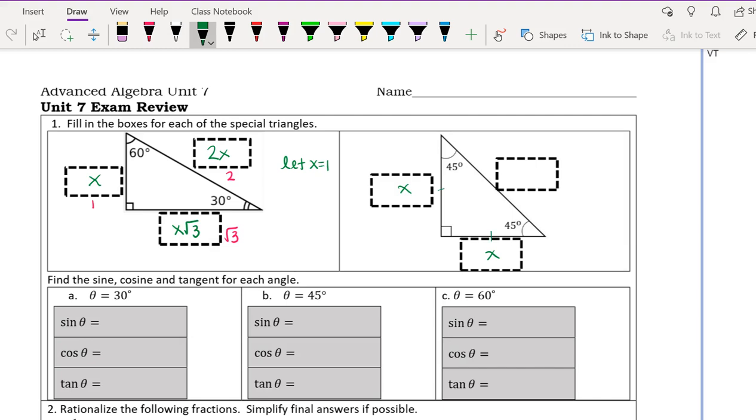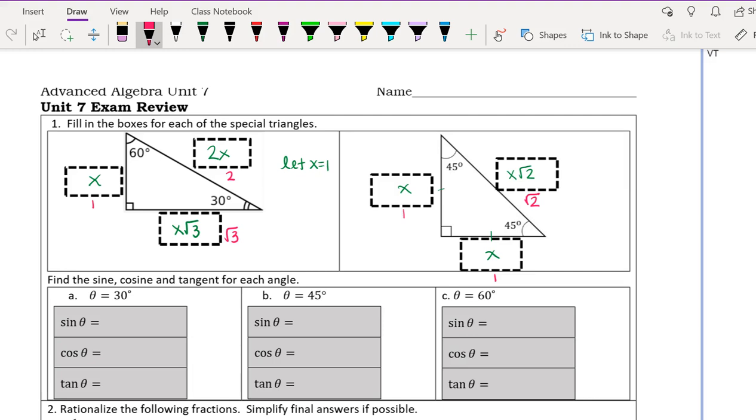Those are the same sides. And then this would be x square root of 2. Well, if I let x equal 1, then this is 1, this is 1, and this is the square root of 2. Okay, so I'm going to probably use the numerical values to assess the sine, cosine, and tangent of each angle, but you could also use the ones with the x's.